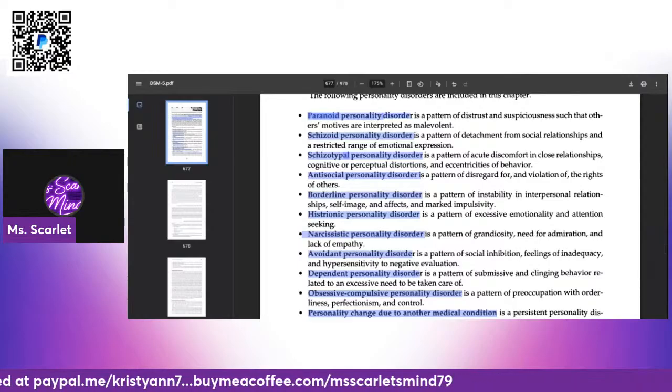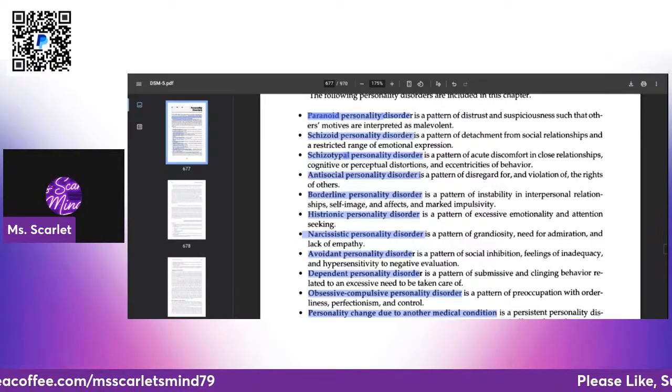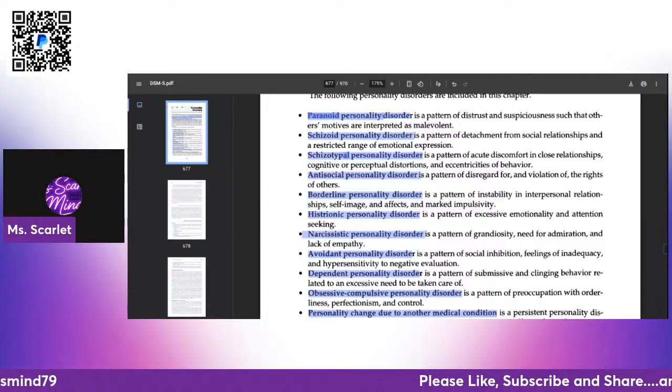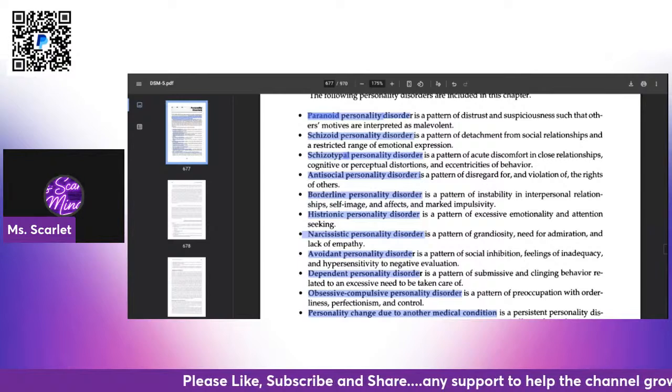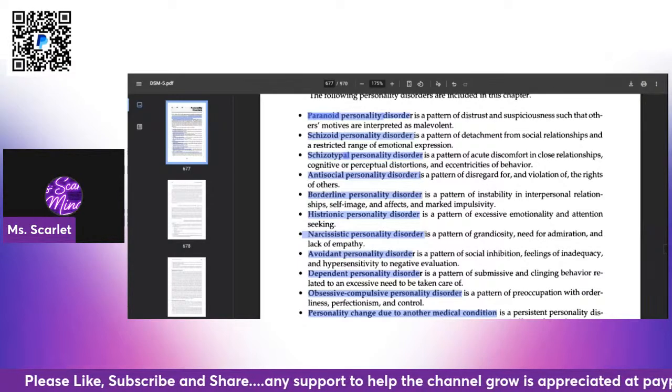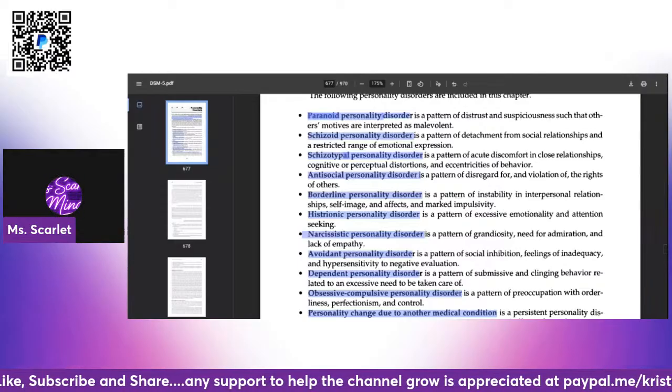Borderline, now this is the one, when I go in depth about borderline, whenever that is, this is one of the biggest ones that I attribute to 5150. And it is a pattern of instability in interpersonal relationships, self-image, affects, and marked impulsivity.